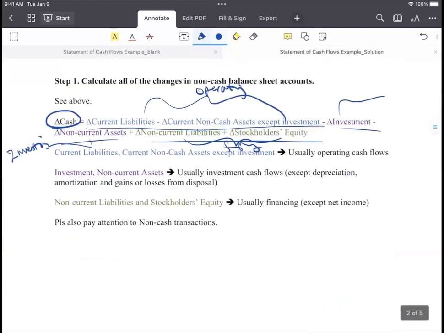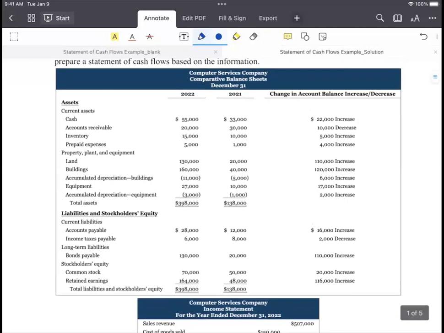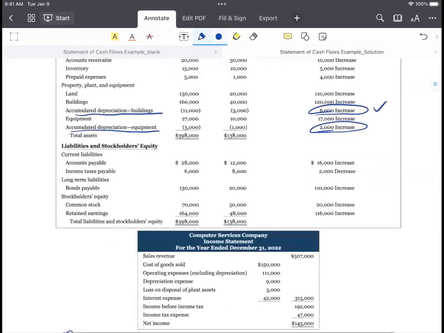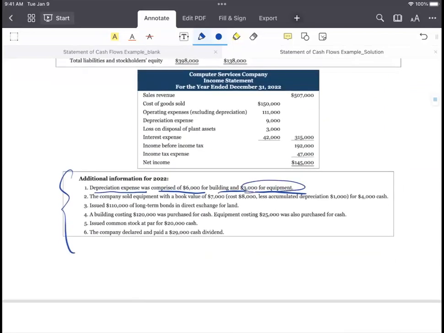Here, depreciation for buildings shows a 6,000 increase, so that's good. Depreciation for equipment shows a 2,000 increase, but it is saying 3,000 for equipment.